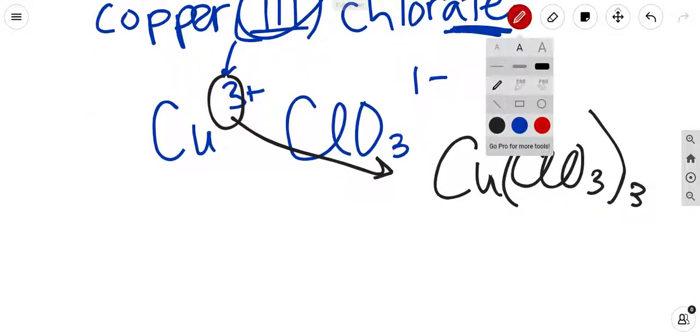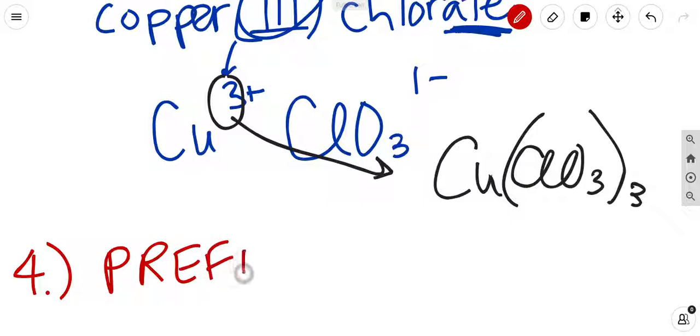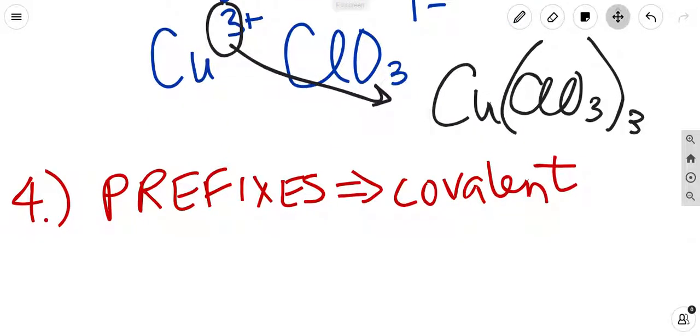Okay, so the last one, you're like, well, when is it covalent? Prefixes are always covalent. Okay, prefixes are always covalent. No crisscross, no parentheses, just straight up symbol, prefix, symbol, prefix.